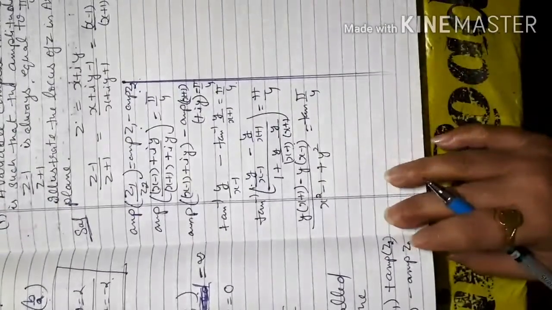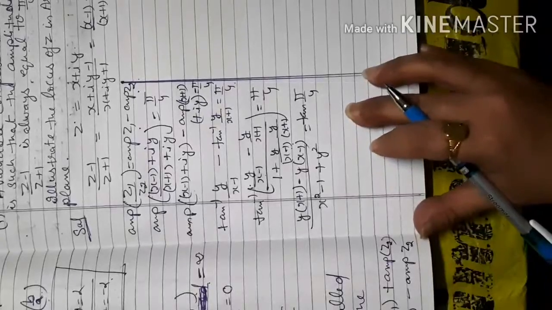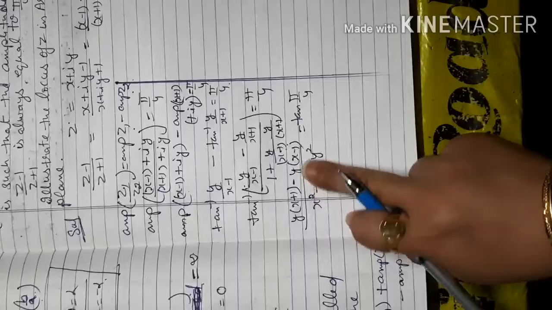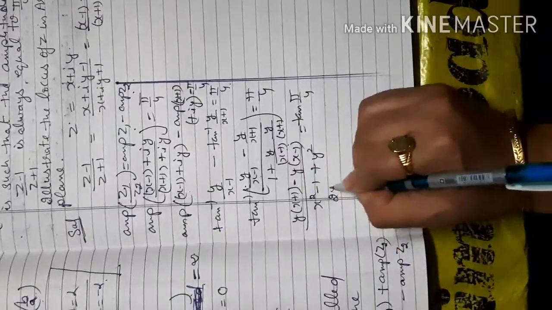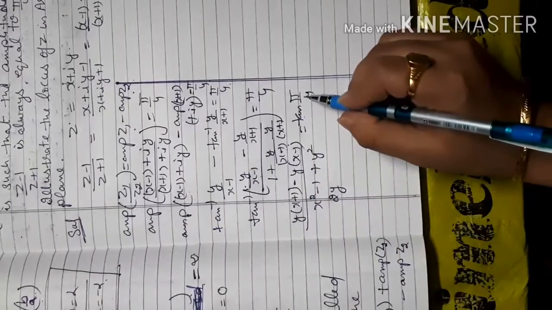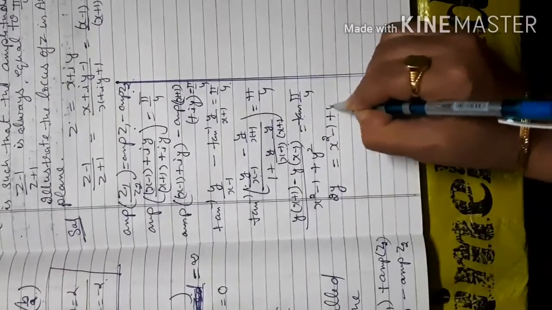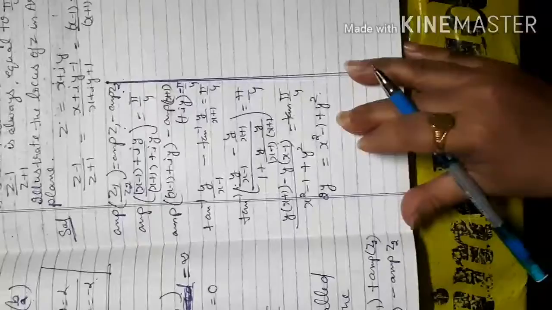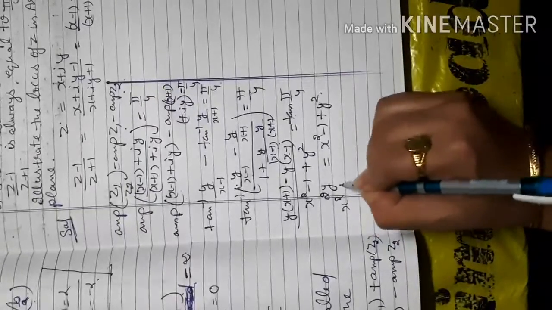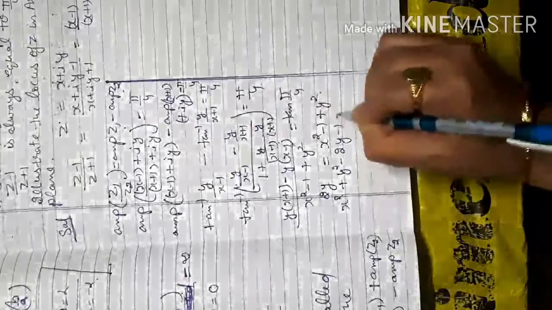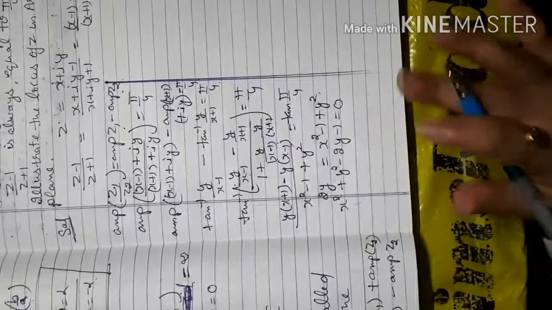When you open this, xy will be cancelled, only y plus y, that is 2y, is left, and tan pi by 4 value is 1. When I cross multiply, x square minus 1 plus y square, so my required equation will be x square plus y square minus 2y minus 1 is equal to 0. So this is a second degree equation.